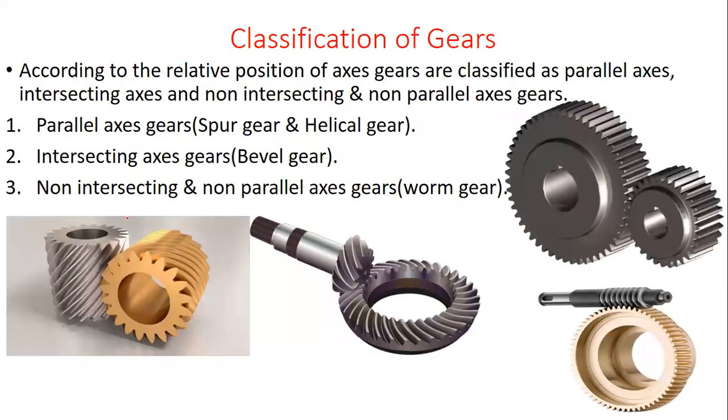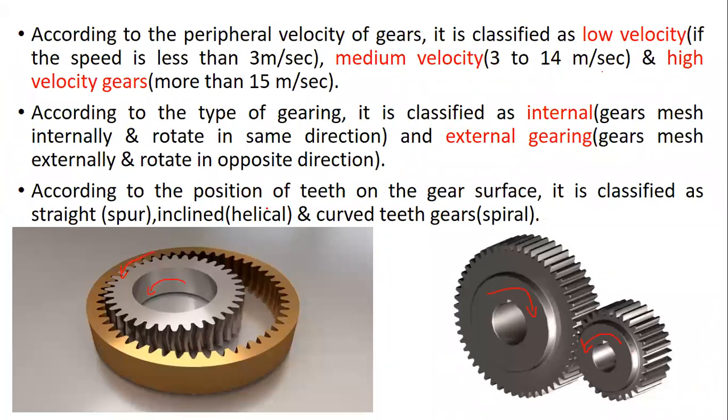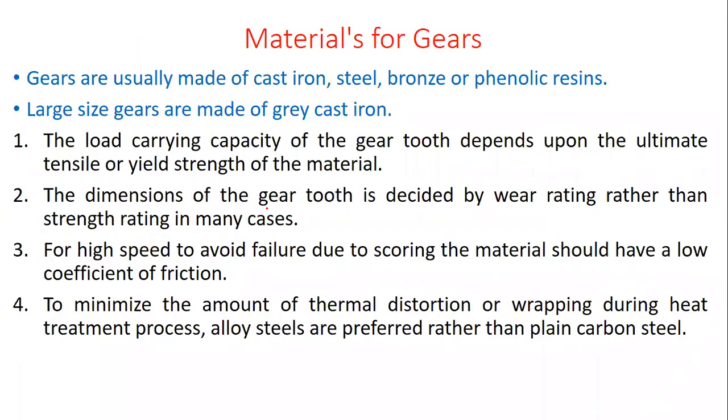If the gear teeth are inclined, those are called helical gears. And the next one is curved teeth gears, which are spiral ones. If you see curved teeth gears, those are called spiral gears. This is how the classification of gears is done.